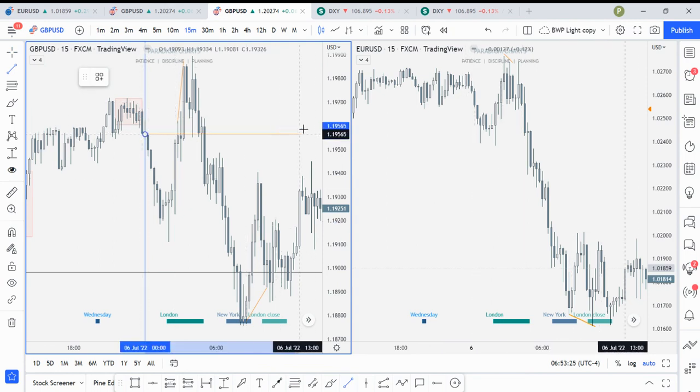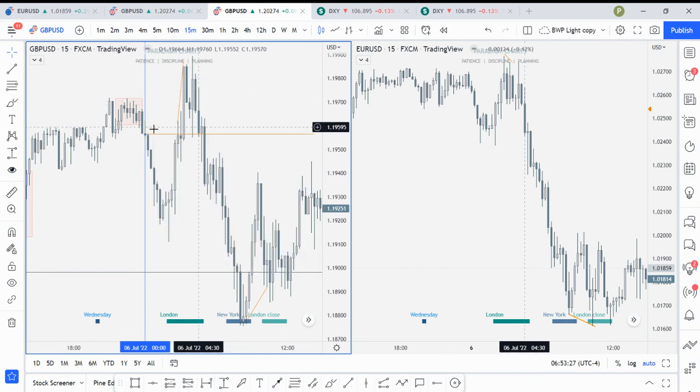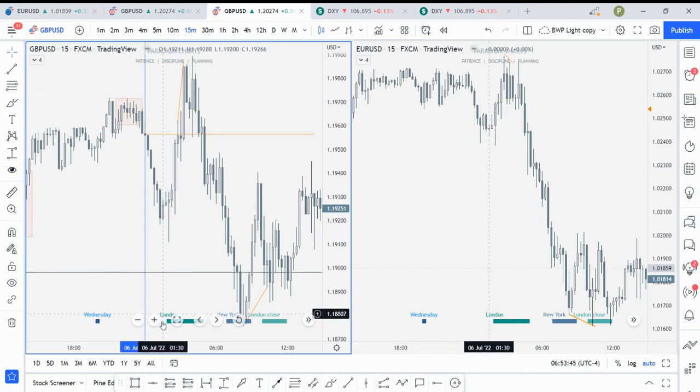If you draw a line from midnight New York time and you expect that price is going to be bearish for that day, what you want to see is that during London Q zone, from 2 a.m. to 5 a.m. New York time, you don't need to cram it, you can use the indicator and add it to your chart.